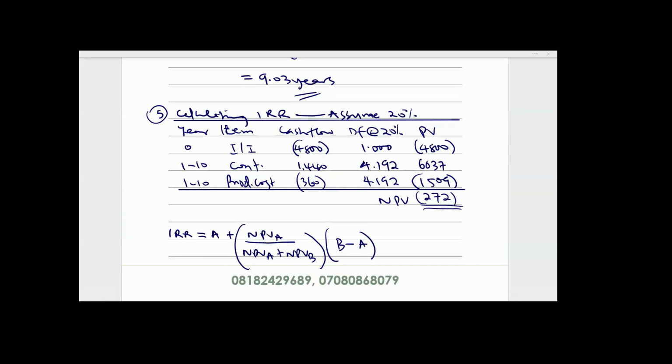Okay, let me see. Multiply by 1440. Okay, it's 6036 now. This one is supposed to be 6036, not 37, because this one is supposed to be 273.